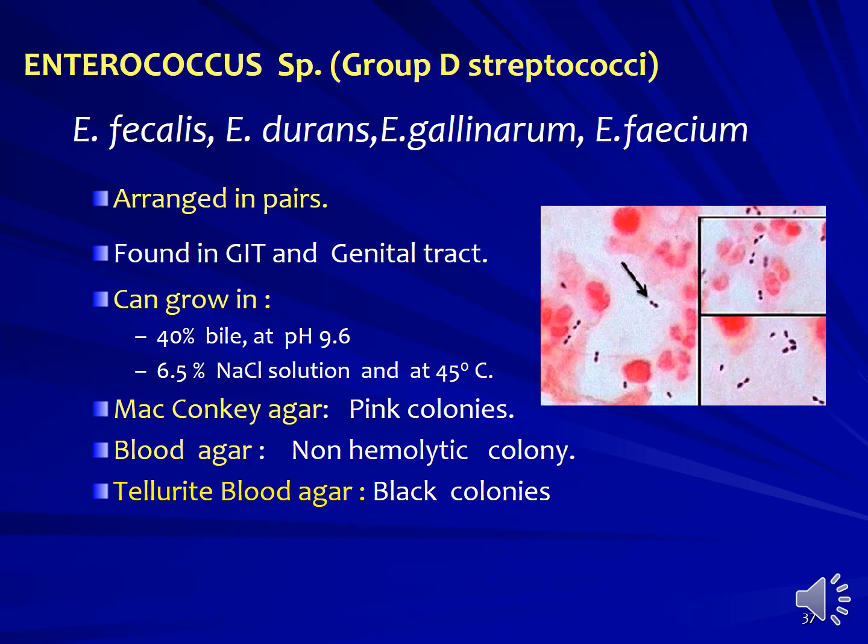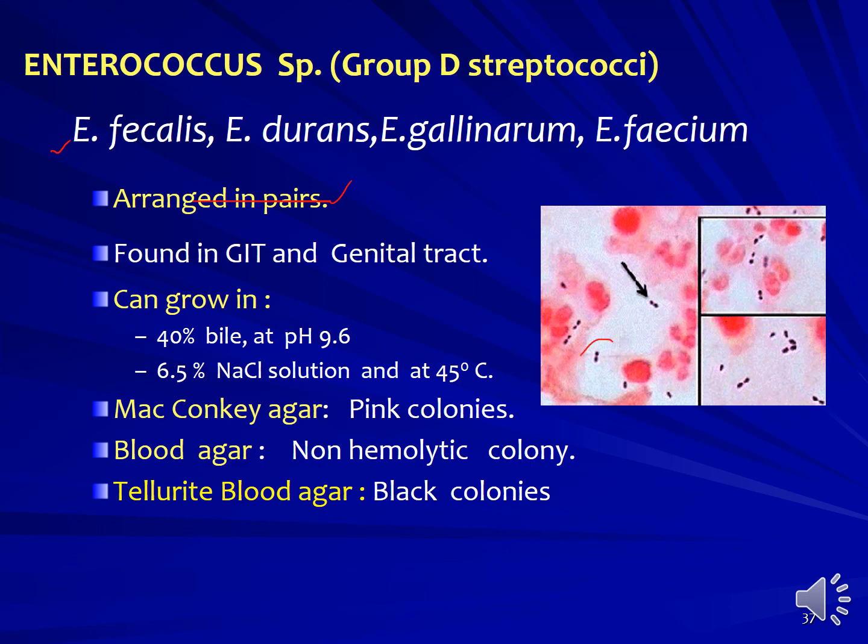Group D streptococci: the most important species are Enterococcus faecalis, Enterococcus durans, Enterococcus gallinarum, and Enterococcus faecium. The difference from the other streptococci is that they are arranged in pairs, not in chains.